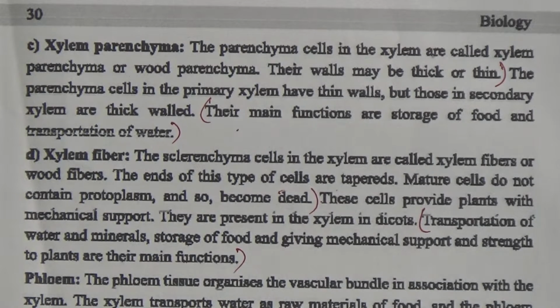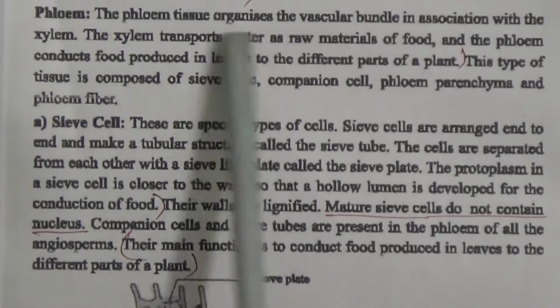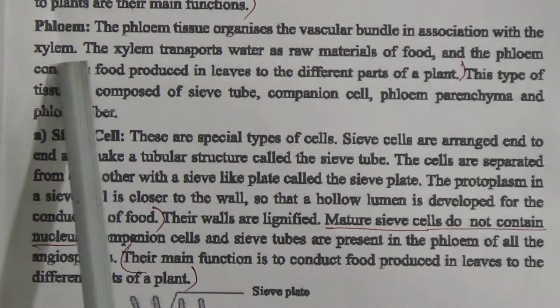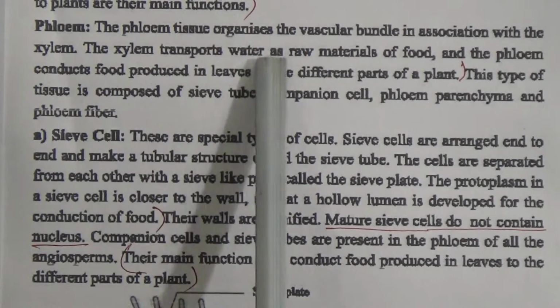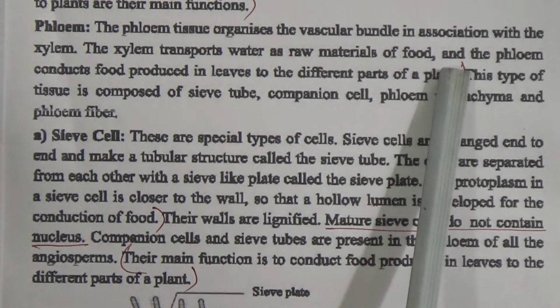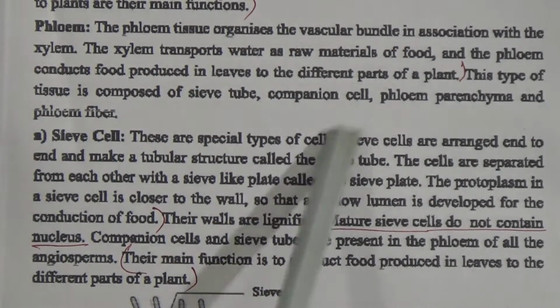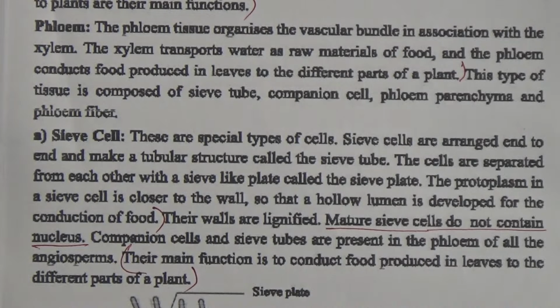Now, phloem. The phloem tissue in the vascular bundle is associated with the xylem. The xylem transports water and raw materials, and the phloem conducts food produced in the leaves to the different parts of the plant. So, what is the main function of the xylem?